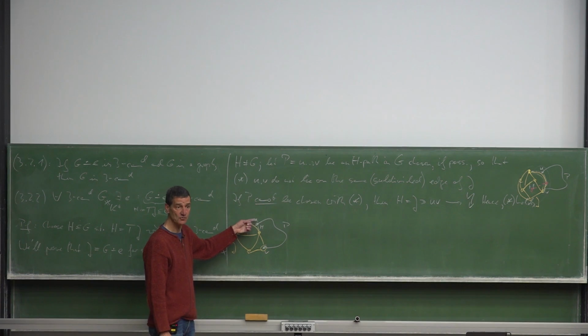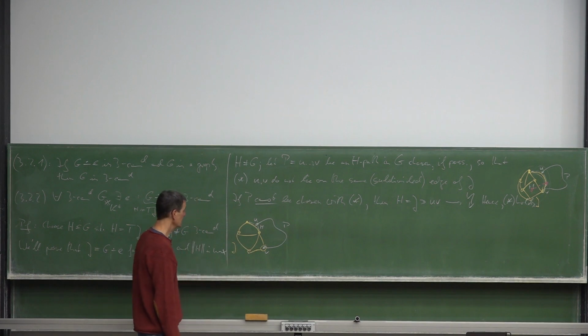I'm not saying that U must be a subdivision vertex. It might be that U and V are both vertices of J.